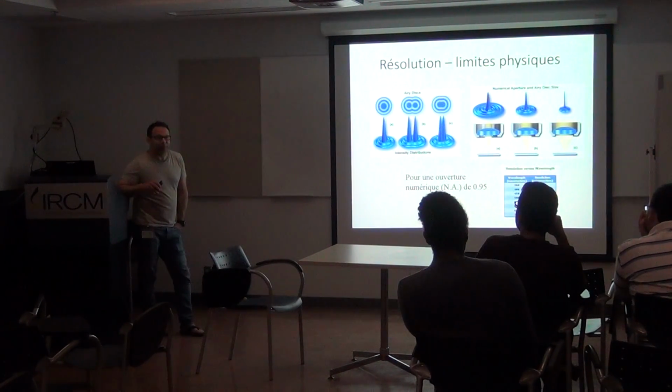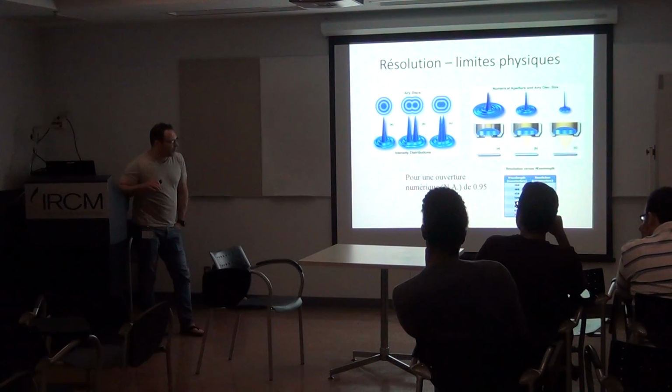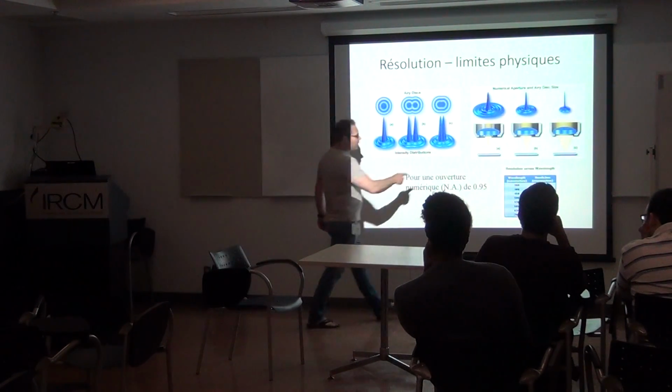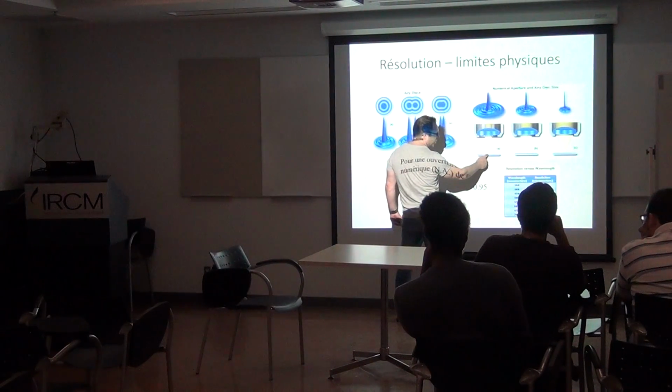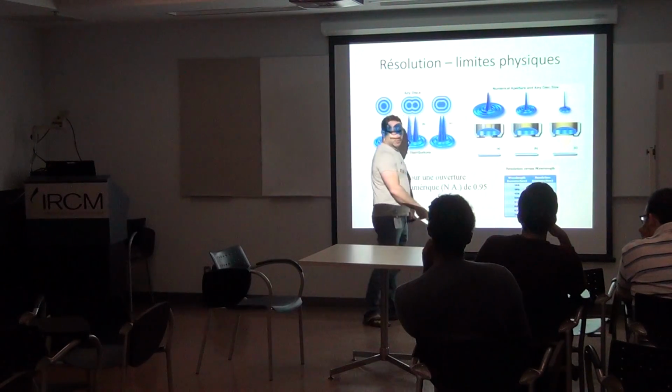You can also look at it this way: having a big aperture means you can collect a large amount of light, while here you see it's pretty small. Okay, so if I make a circle here, and I have something that emits light from here, okay?